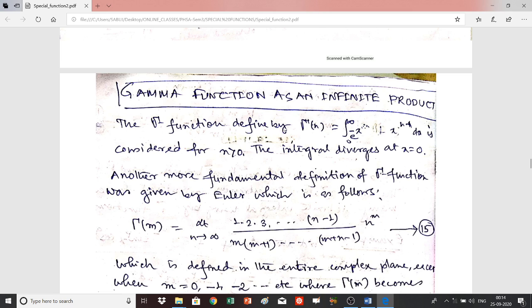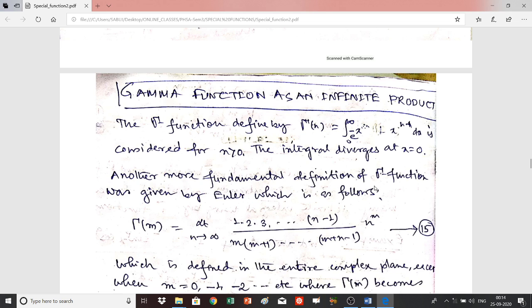In this definition we have considered n greater than 0, because at n equal to 0 the integral diverges. So you should remember that n should be greater than 0 for the rest of the part.